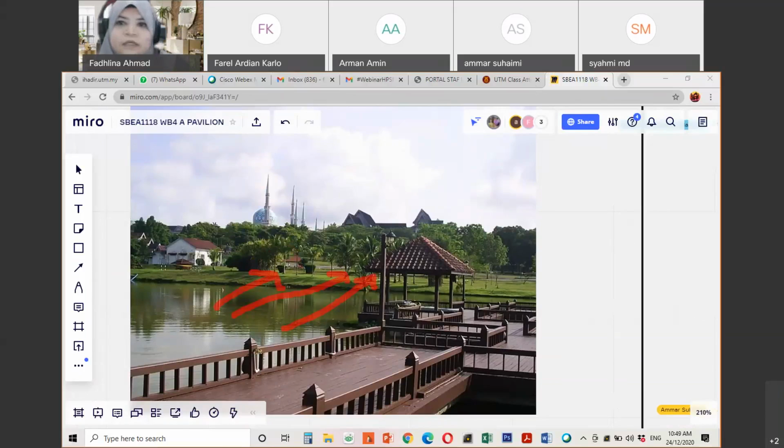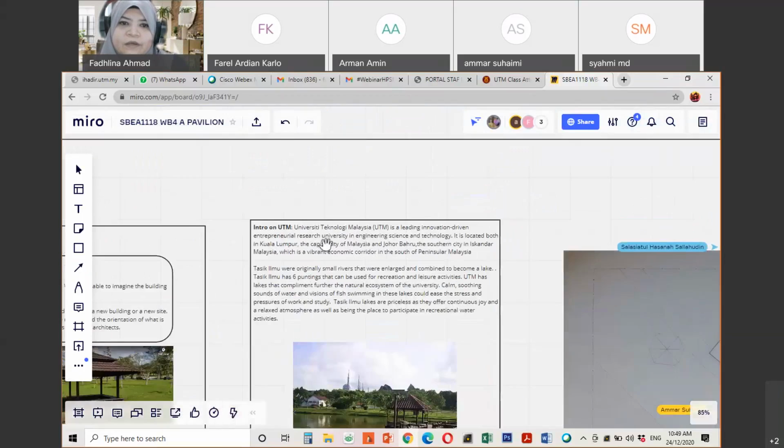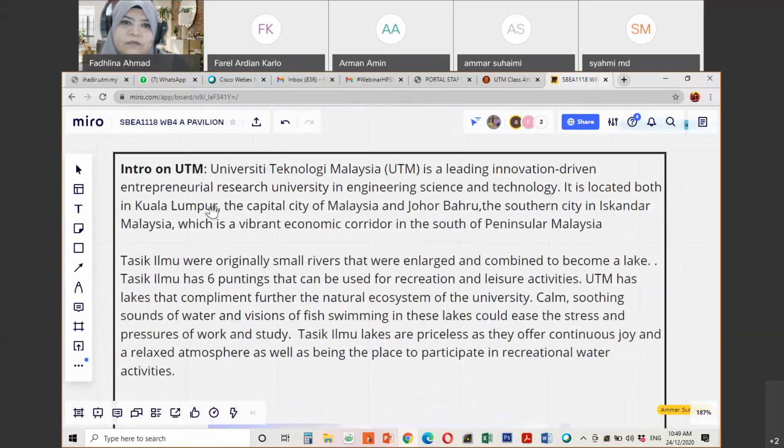Alright. Shahmi, for this one, your introduction. The scope is very big. You are talking about it being located in Johor and also in Kuala Lumpur. Yes, there are two UTMs, in Kuala Lumpur and Johor, but you need to scope down to Johor Bahru. After that you need to provide the key plan and also the location plan.